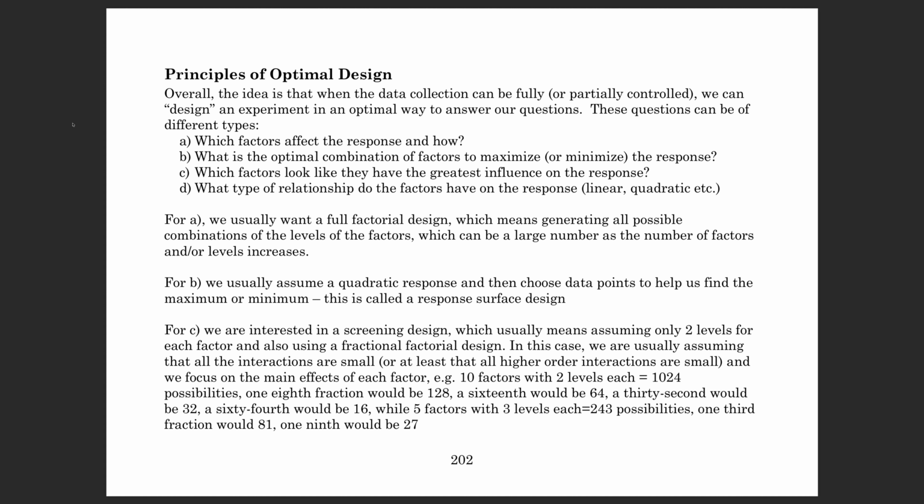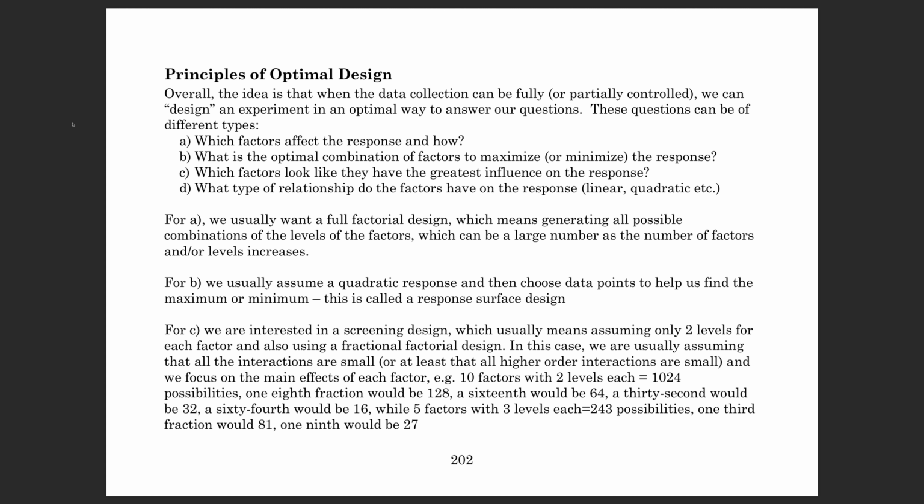So for example, if we had 10 factors with 2 levels each, that's 2 to the power of 10, that's 1,024 possibilities. A 1/8 fraction would be 128, a 16th fraction would be 64, a 32nd would be 32, a 64th would be 16. So a 64th with 16, that's still enough to estimate 10 main effects, but we wouldn't be able to estimate any interactions, right?